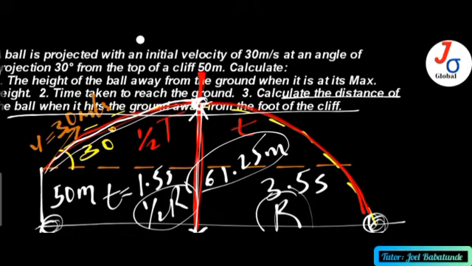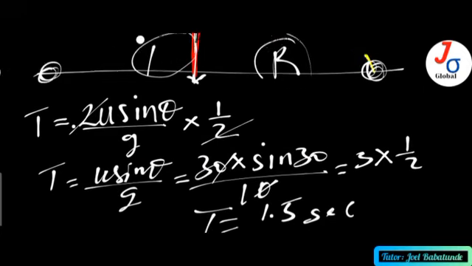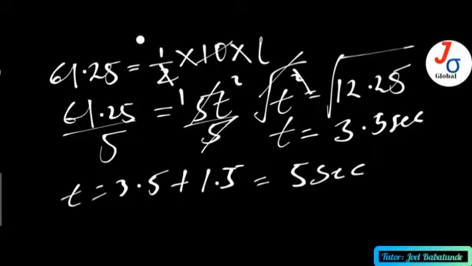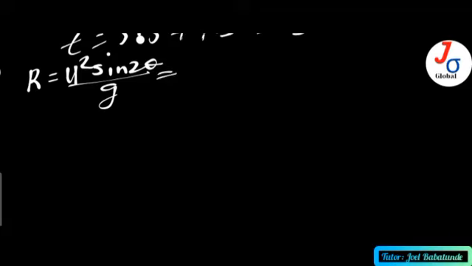So what's the formula for R of case 1? R for case 1 is actually u squared sine 2 theta over g. What's our u? Our u is actually 30 squared. Remember that we're doing half of that, so let me just multiply that by half.